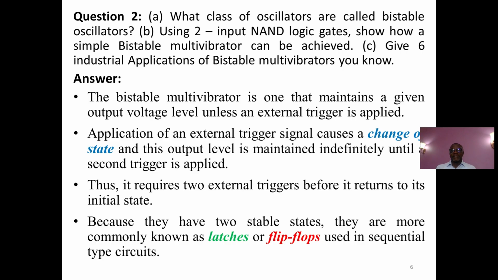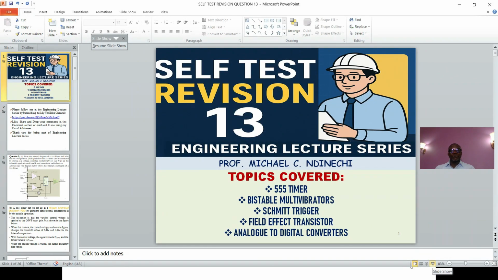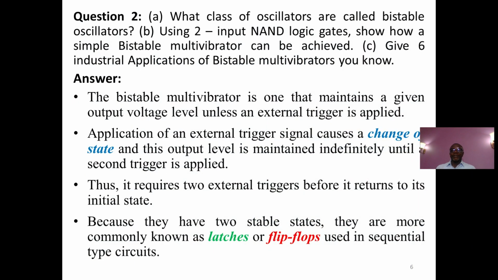If you apply an external trigger, it moves back to the point and remains there until you apply another external trigger. Therefore, it requires 2 external triggers to return it to its initial state. Because they have 2 stable states, they are known as latches or flip-flops, which are used in sequential logic circuits.